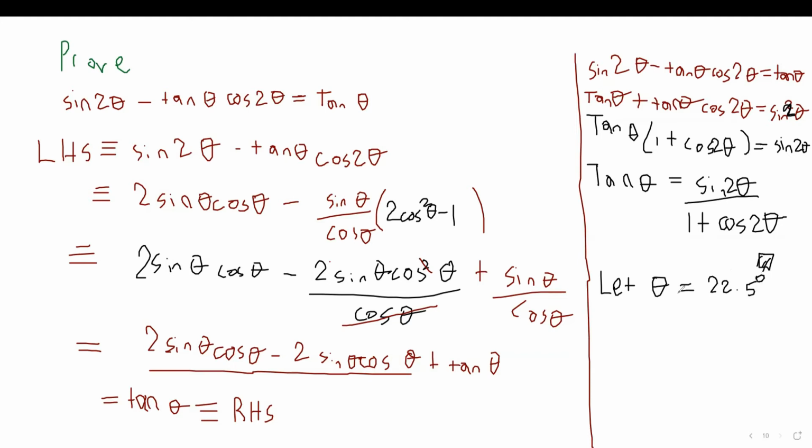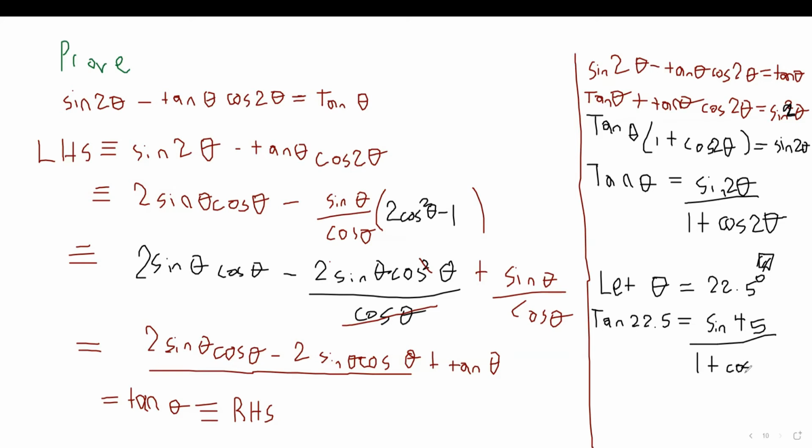If we put theta as 22.5, tan of 22.5 is equal to, since 22.5 times 2 is 45, sine of 45 over 1 plus cos of 45.